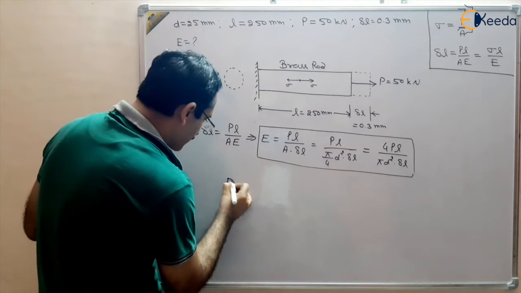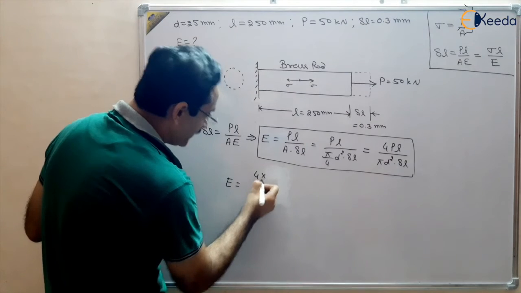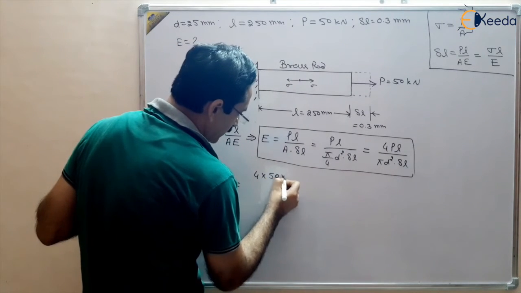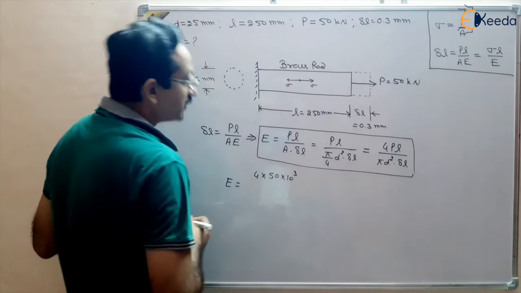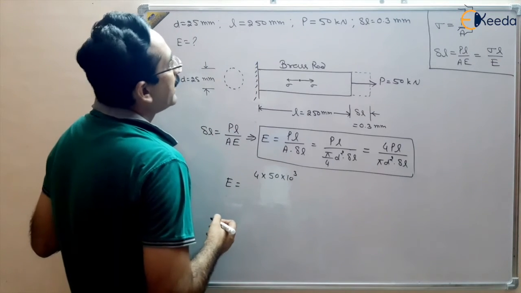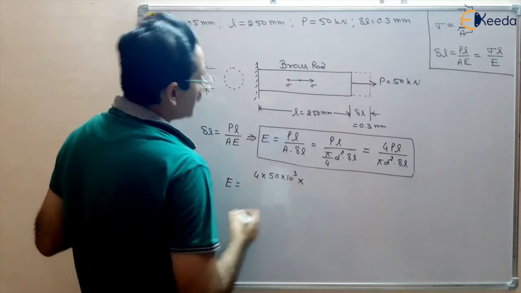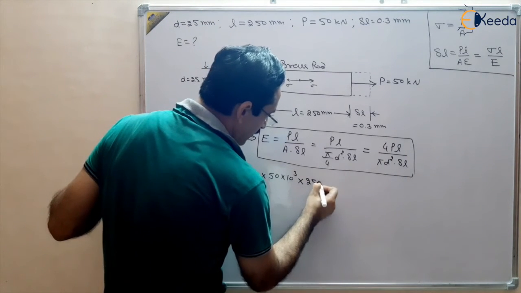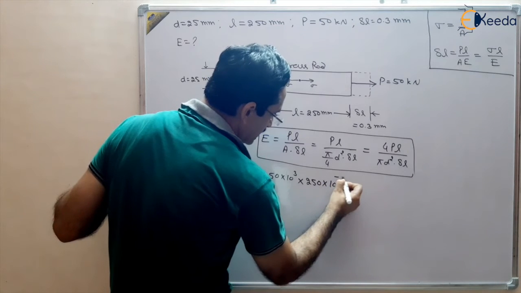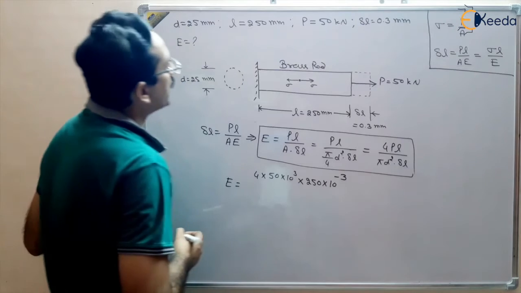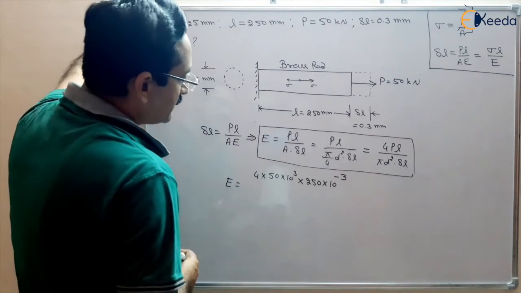So E will be equal to 4 P, load is 50,000, so 50 multiplied by 1000. L is the length, 250 mm, so you will get 250 multiplied by 10 to the power minus 3 meters.